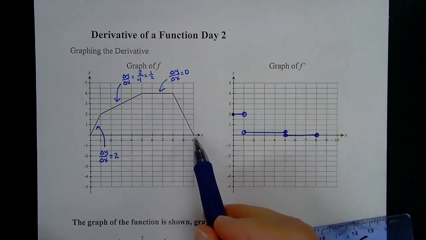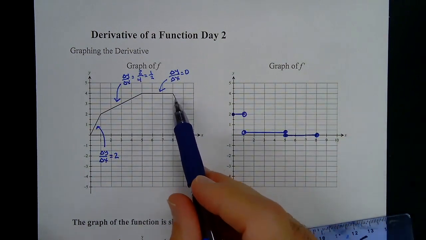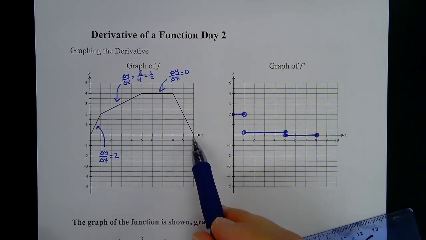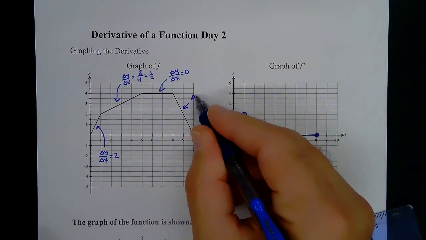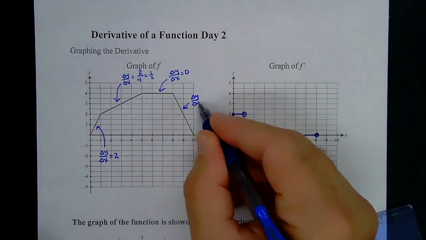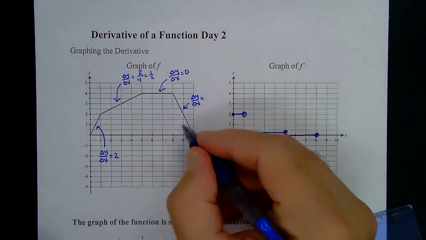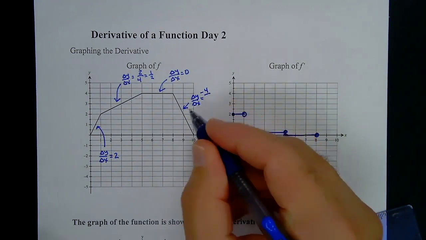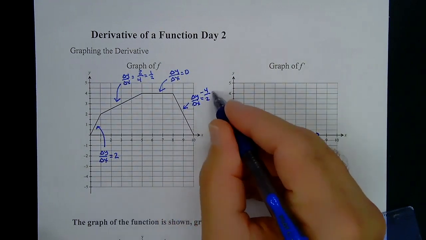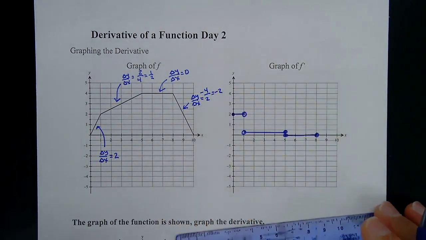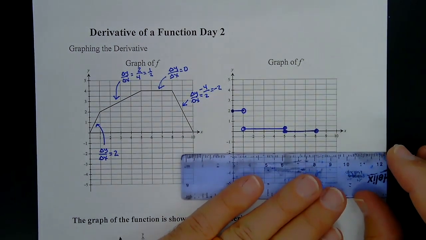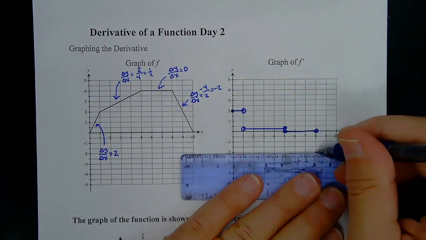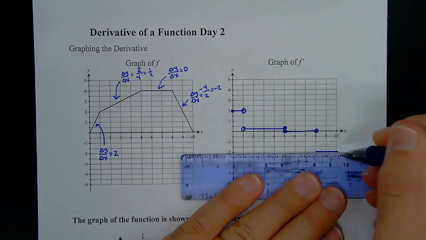And from 8 to 10, we're going down 4 and over 2. So for this one, my change in y over my change in x, I'm going to go down 4, so that's -4 over +2, which gives you a slope of -2. So from 8 to 10, my slope is going to be -2, so I'm going to line up, and we're going to be right there.